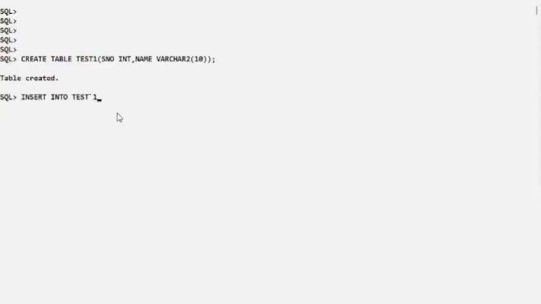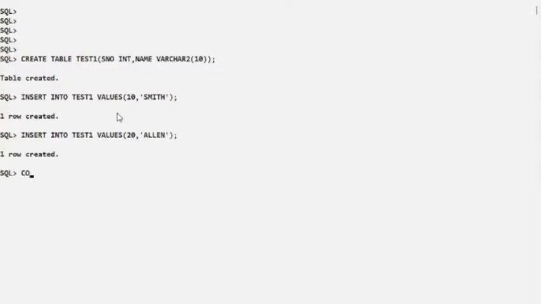In the test1 table I'm inserting some information: 10 comma Smith, this is one employee, and the second one is 20 comma Alan. Then I commit to save permanently.